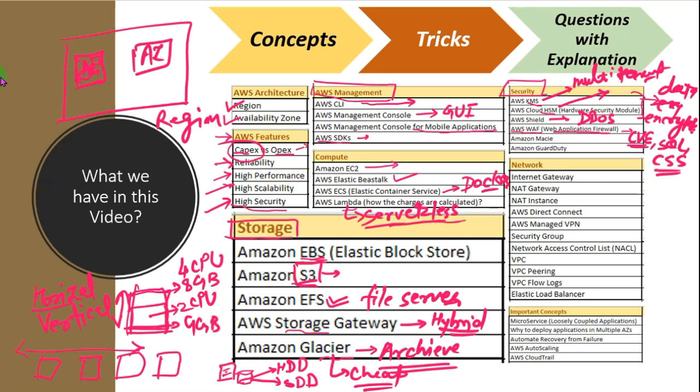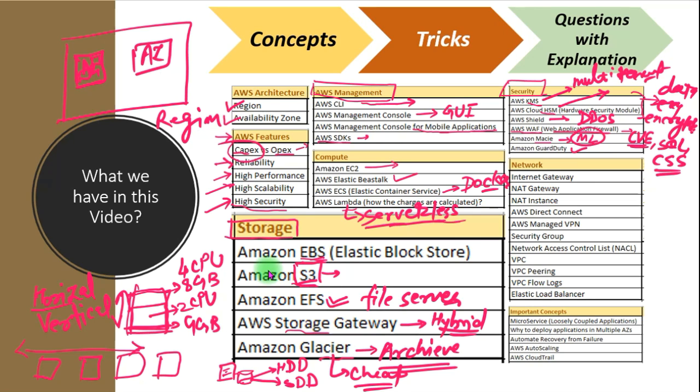Next we have Amazon Macie. What exactly is Amazon Macie? Amazon Macie is a fully managed data security and data privacy service that uses machine learning, and it helps us to protect our sensitive data in AWS with matching patterns. The next service is Amazon GuardDuty. What exactly is Amazon GuardDuty?